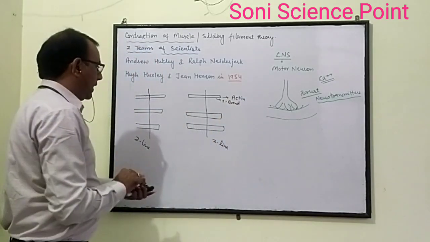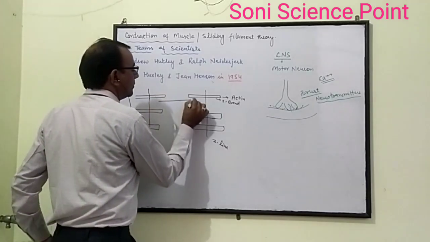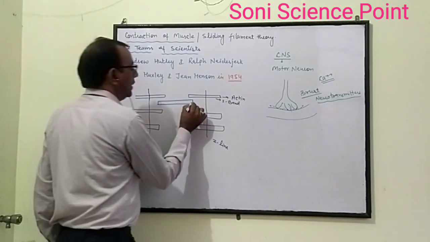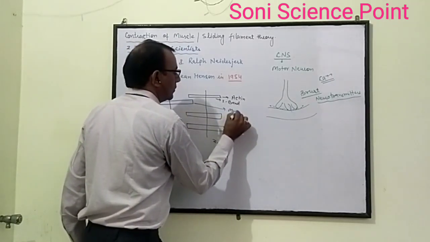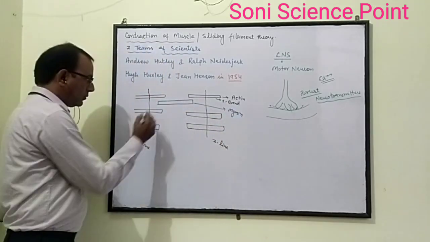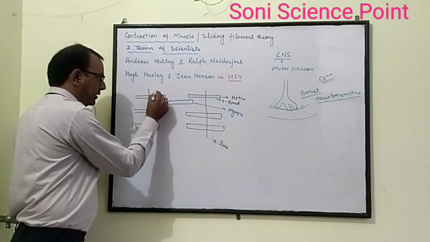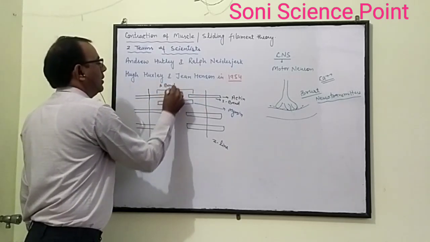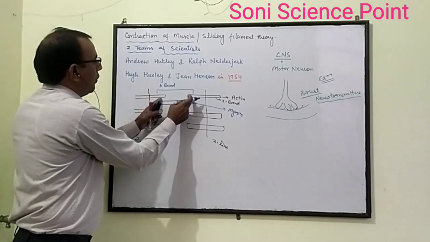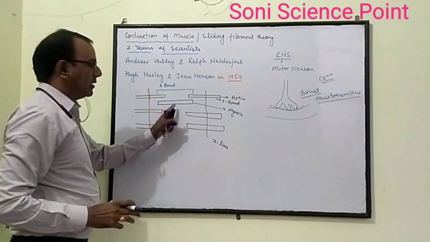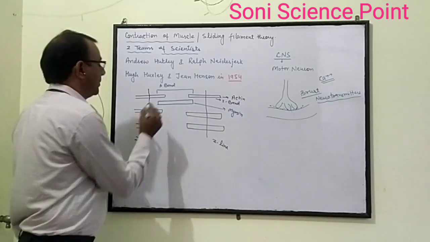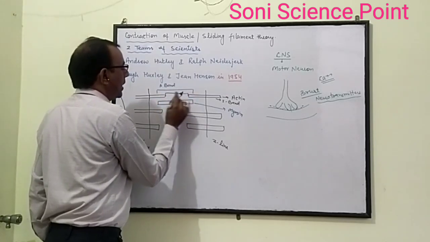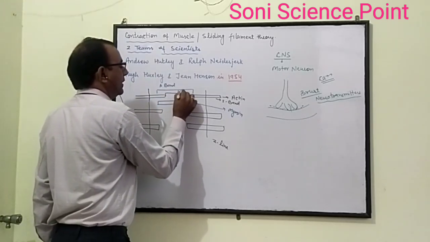The dark band present centrally here is called the A band, and it is made up of myosin. This whole region from here to here is called the A band. The A band contains some part of the I band as well as actin and myosin, but this one zone where only myosin is present is called the H band.